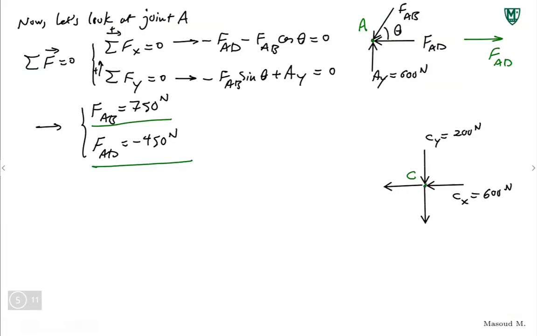This would be FBC or CB, and this would be FCD. They don't cancel out, right? If I sum up the forces in the X direction or Y direction, we're going to end up having a negative value for FCD and a negative value for FBC because they're not canceling out. We have a static equilibrium.